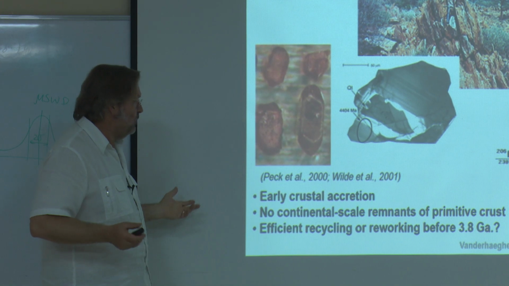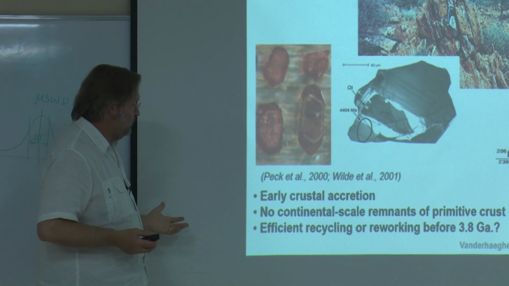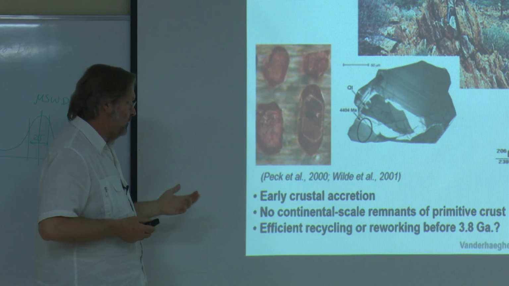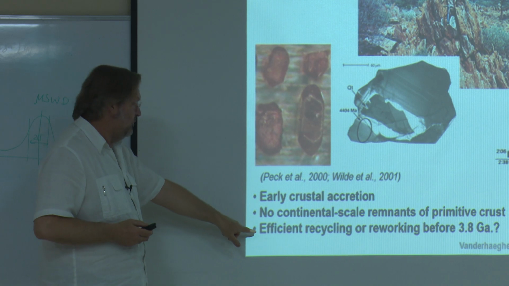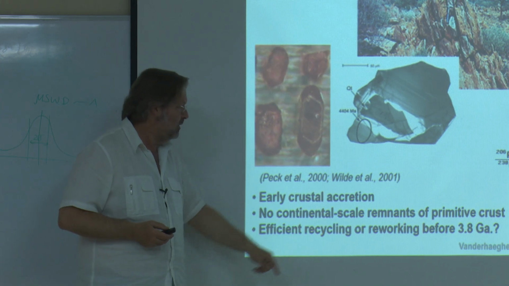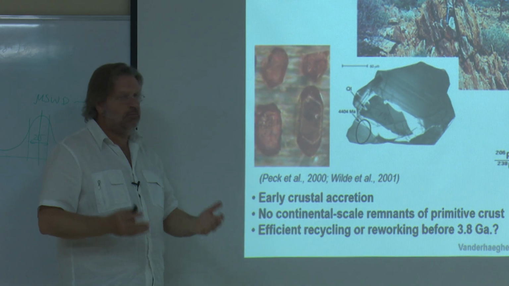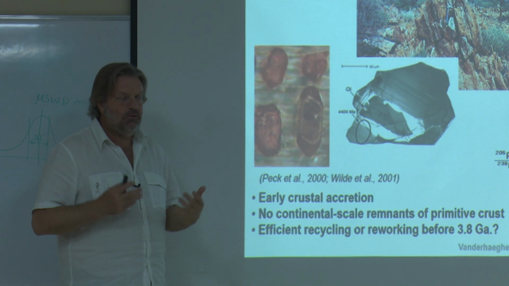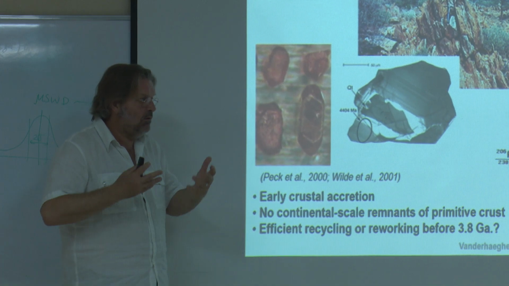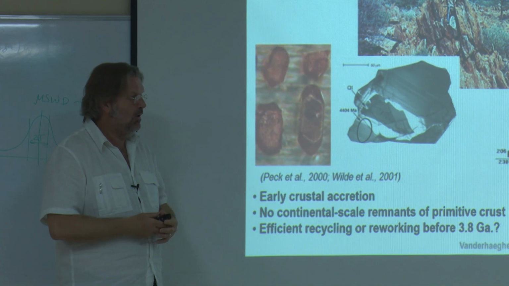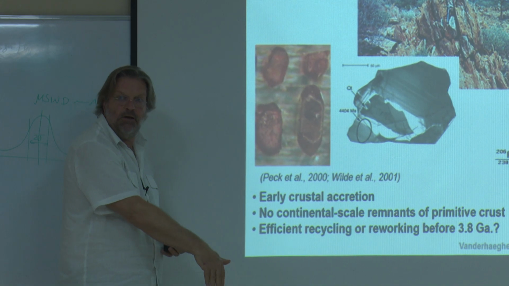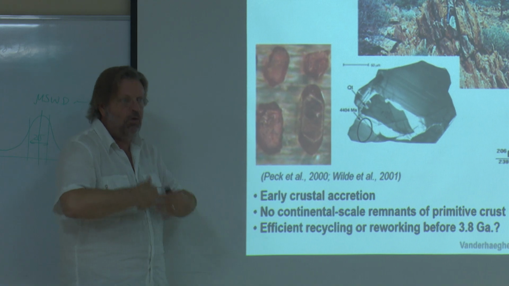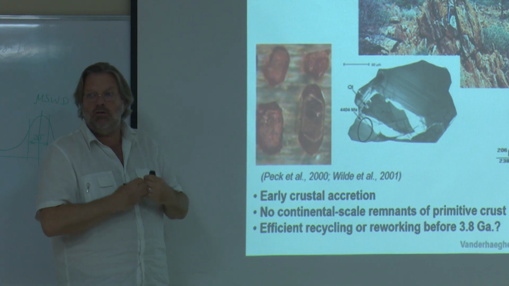But there are no continental-scale remnants of that primitive crust, or of that felsic crust, which probably means that there was efficient recycling and/or reworking at that time. So that crust is gone now, at least it's not been dated as such. Either it's been recycled back to the mantle, or it's been reworked so heavily that we don't see the record of that old history.